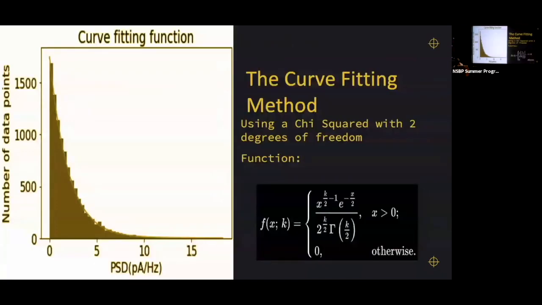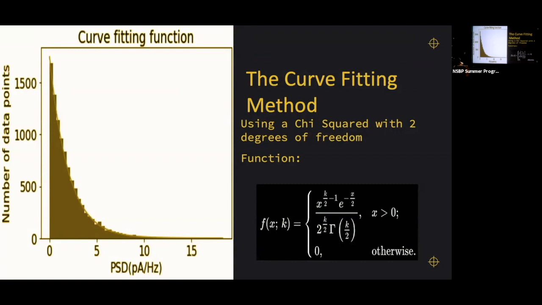Okay, so at the very beginning, I was assigned to create a curve fitting algorithm that we would then continue to use to figure out the noise within the data that we have. If you look at the histogram that I have, it's a part of the power density spectra.